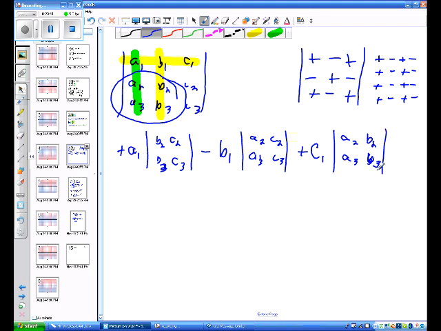And this is called expanding it by minors. When we get into a 4 by 4, then we would do the same thing. We would pick a row and we'll deal with the sign of that number, and then we eliminate the row and column that we're working with, and write down the matrix that's left. And so it doesn't matter how big your matrices get, you can still find the determinant this way.